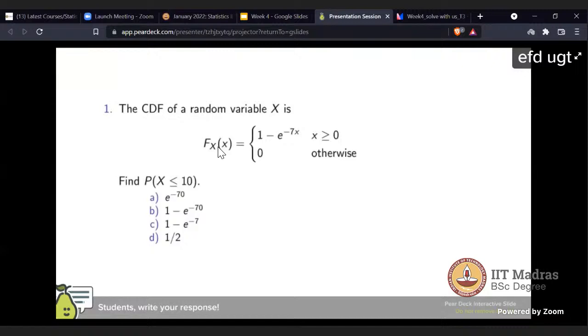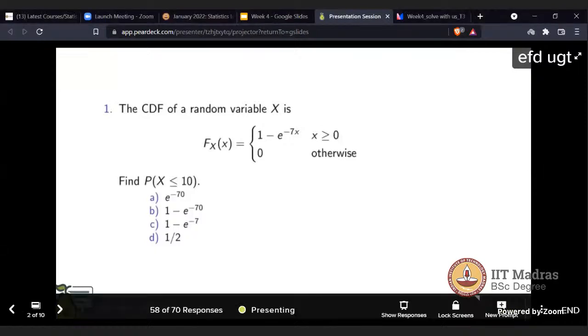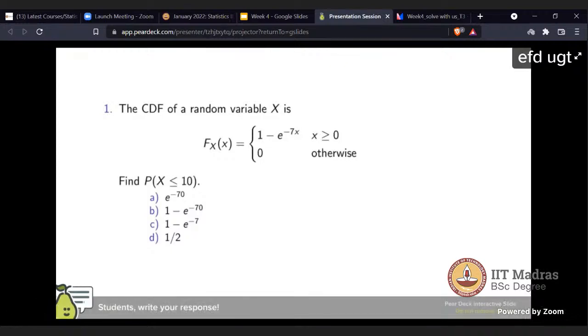Capital F_X(x) is equal to the probability of x less than or equal to x. So in the question, it is the probability x less than or equal to 10. So here 10 is your x.